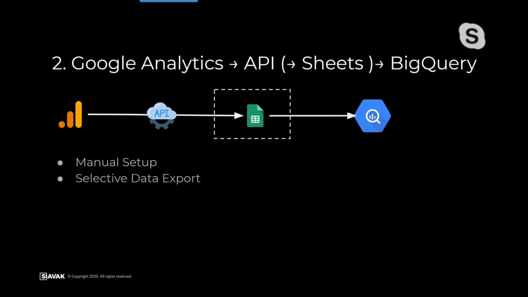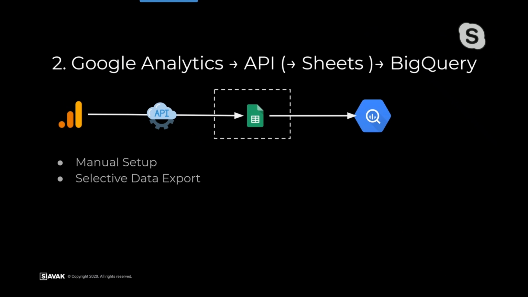One of the cons of this method is that it is a manual setup. You need the help of a developer to do that, and you need to use a tool. I mean, the tool is easy. You need to use a tool like GA add-on or Supermetrics to bring data from analytics to Google Sheet. This part is easy, but from Google Sheet to BigQuery, you need to write an app script.